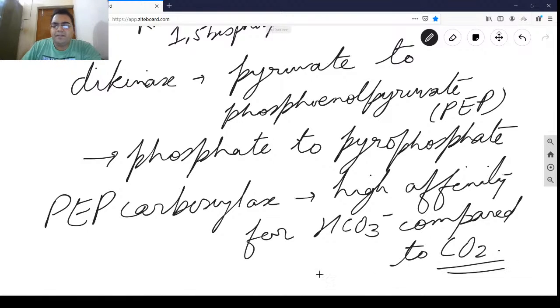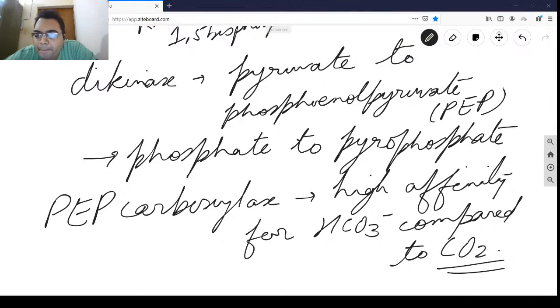Another way of analyzing this entire equation: the PEP carboxylation reaction serves to fix and concentrate CO2 in the form of malate. Unlike Rubisco, PEP carboxylase does not use O2 as an alternative substrate.